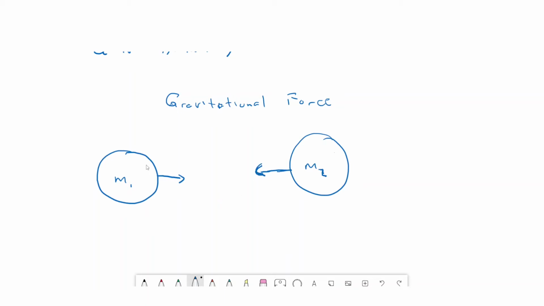This is the force that m1 feels due to m2. This is the force that m2 feels due to m1. Now, the magnitude of F1,2 and F2,1 are going to be the same, but the directions are going to be different. So this is how we write it.